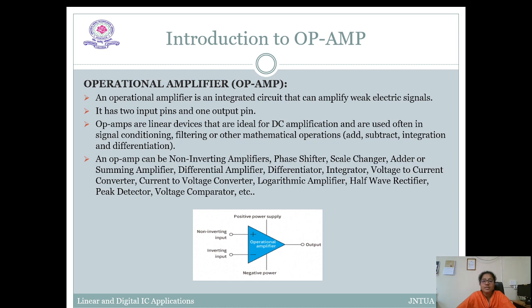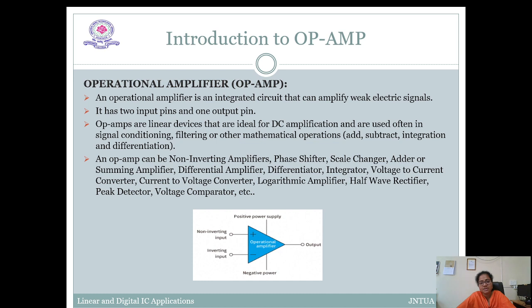Op-amps are linear devices that are ideal for DC amplification and are often used in signal conditioning, filtering, or other mathematical operations, so we can do addition, subtraction, integration, and differentiation. So why is it named an operational amplifier?